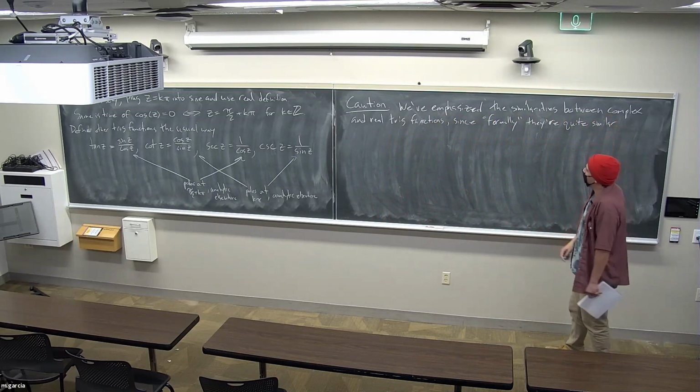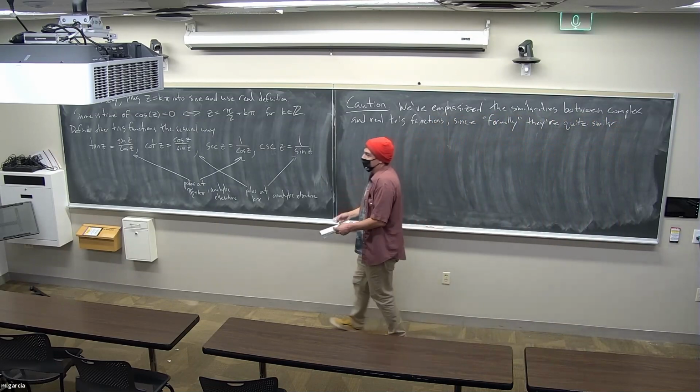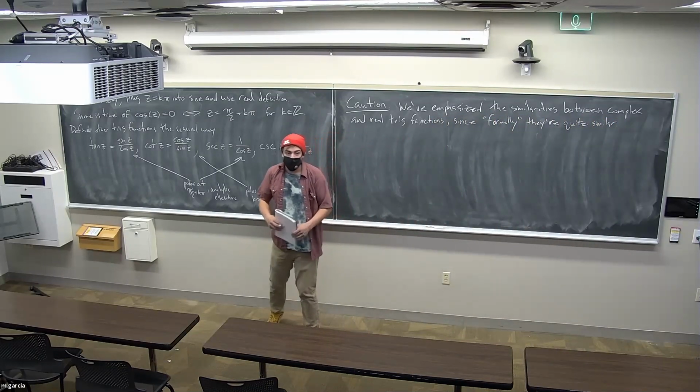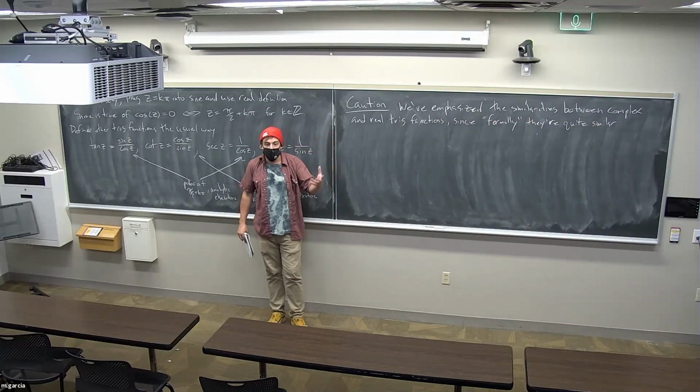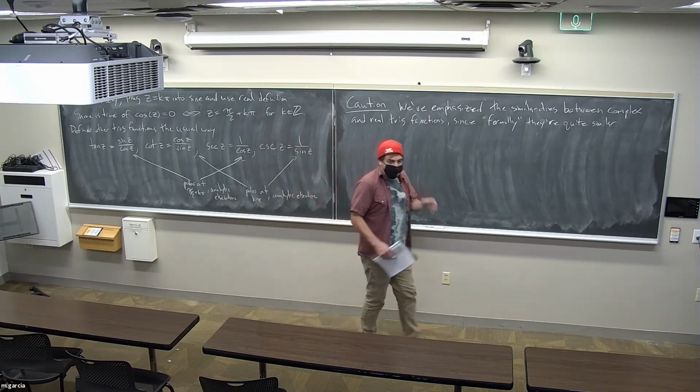What do I mean by formally? I mean they satisfy the same differential relationships. We can derive just symbolically the same identities in many cases. But as functions, they behave quite differently.